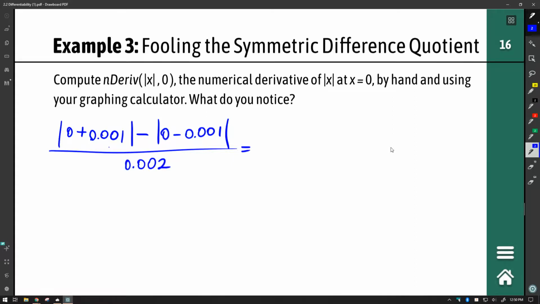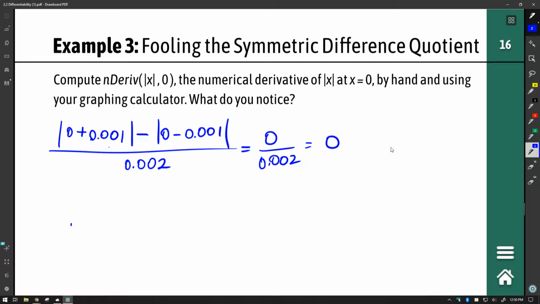Well, let's see. We have 0.001 minus the absolute value of negative 0.001, so that becomes 0, and this is over 0.002, which is 0. And so even by hand, we get a number 0, and we know that can't possibly be the derivative at x equals 0 because f is not differentiable there.